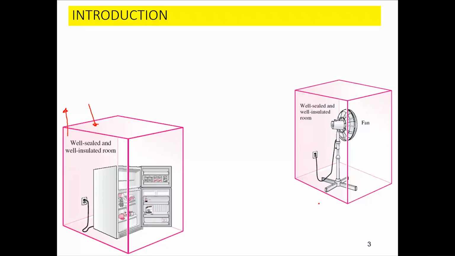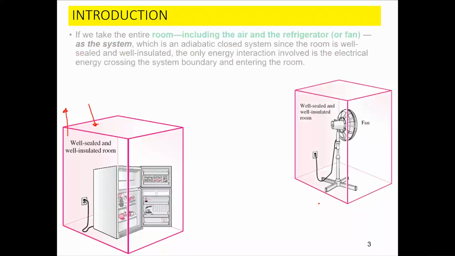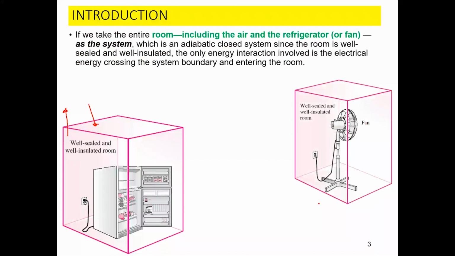Clear? All right. So if we take the room, including the air and the refrigerator or the fan, as a system, it is an adiabatic closed system. The term adiabatic basically refers to a well-insulated system. That means there is no heat interaction across the boundary between the surroundings and the system. There is no heat coming into the system and no heat going out of the system.